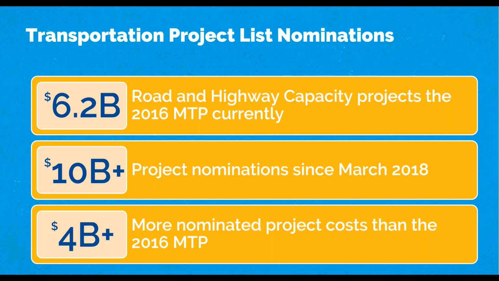So we've got about a $4 billion gap between where we're at in the current plan and what we have nominated for this next plan. And one of the challenges we're facing is weaning that list down. And we're trying to tailor it roughly to land somewhere very close to the existing plan, for this initial discussion draft, in terms of the expenditures on highway and roadway capacity projects.